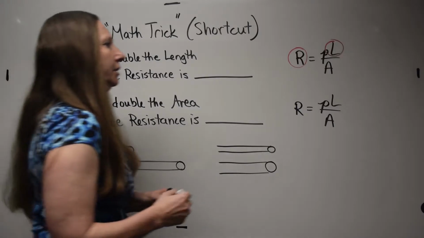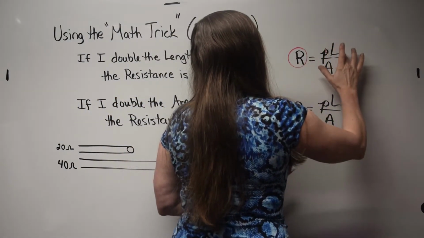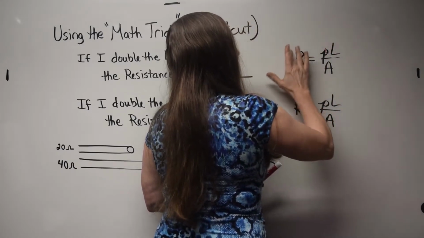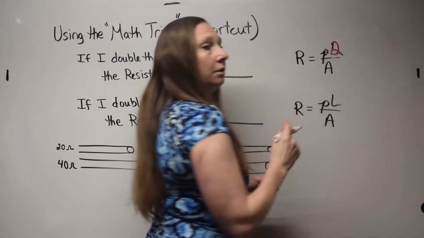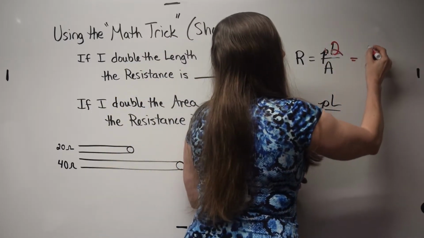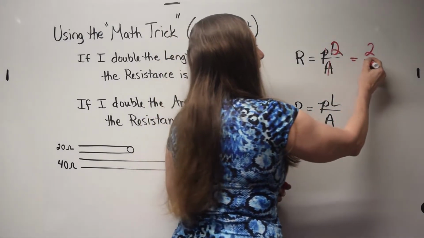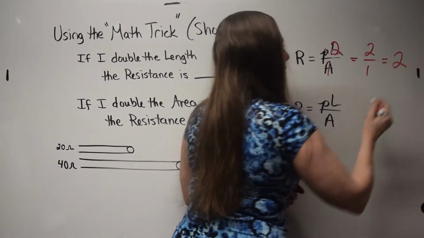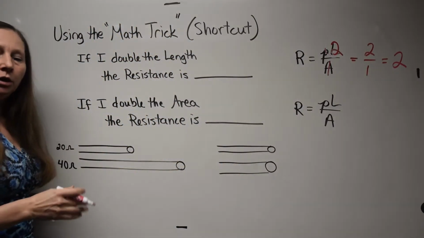Now, a shortcut to figuring this out would be to take the equation and just put a 2 over the length because you just doubled the length. Well, 2, nothing on the bottom changed, so we'll just put a 1 down there, all right? 2 times. The new resistance will be double also.